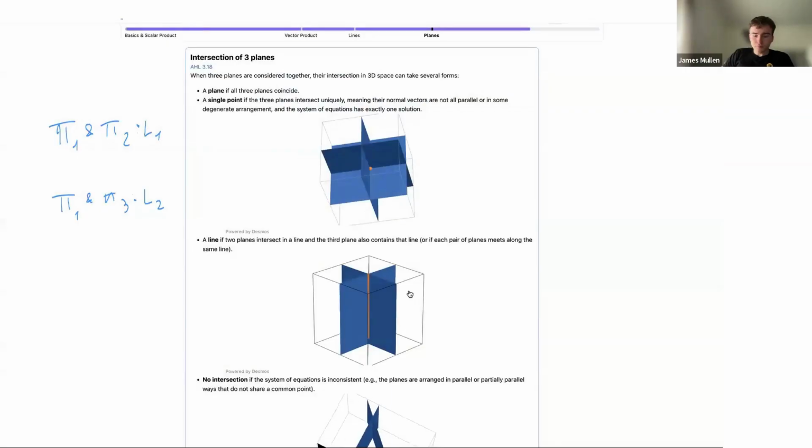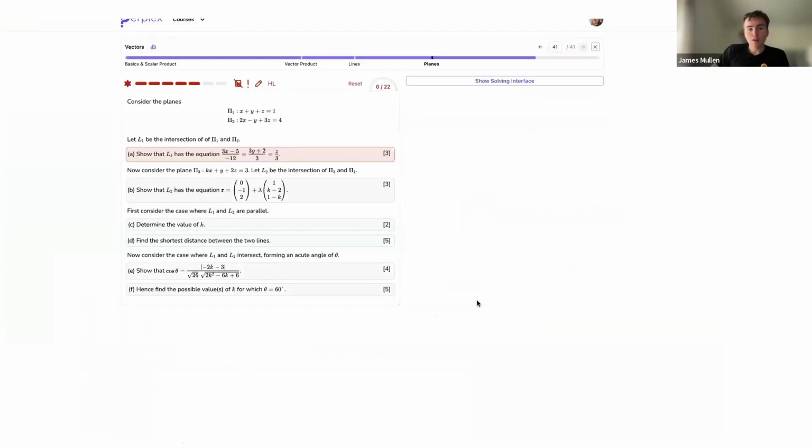All right. So we're trying to show that L1 is the intersection of pi 1 and pi 2. And the easiest way to do that is to show that L1 lies in both of the planes. So let's turn this equation of the line into a more convenient vector form. 3x over negative 12, I both have a common factor of 3, so I can say I have x minus 5 over 3 over negative 4 this time.